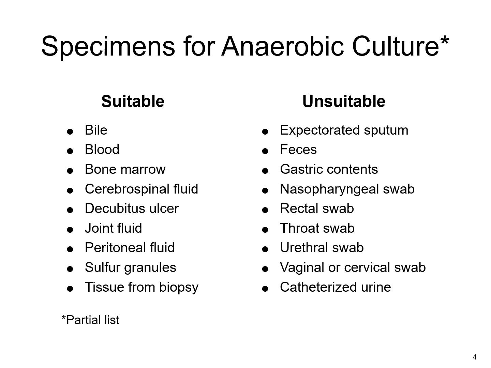Here we have a list of specimens that are suitable for anaerobic culture, as well as unsuitable. And so typically the best specimens are going to be some sort of tissue specimen or a needle aspirate. So this could include needle aspirates of things like bile, blood, bone marrow, spinal fluids, various joint fluids or fluids within different cavities of the body, or urine from the bladder through a direct needle aspirate for a suprapubic type of aspiration.